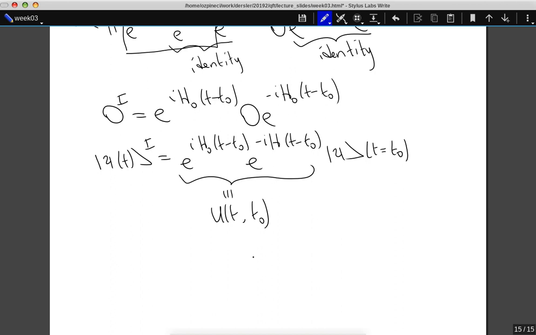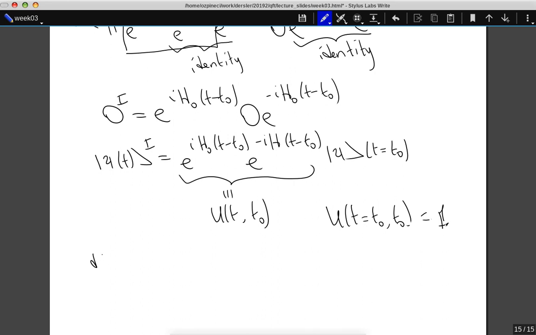You see, what I would like to do is calculate this U as a perturbative expansion in V. Well, rather than trying to calculate that product of exponentials, let me try to find some differential equation that U satisfies and try to solve that differential equation. And we already know the boundary value: U at t equal to t0 should be equal to 1, the identity.